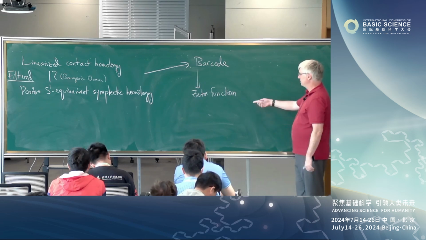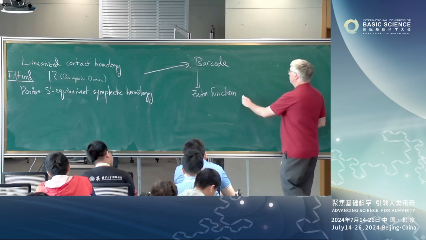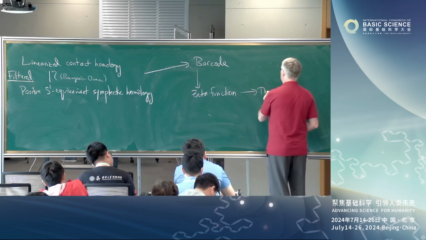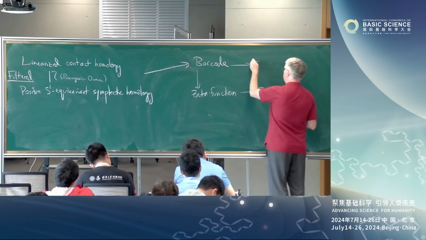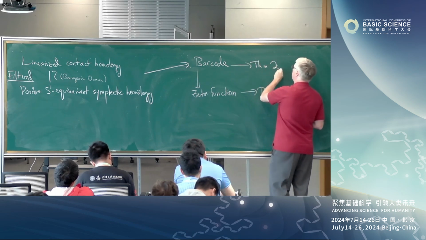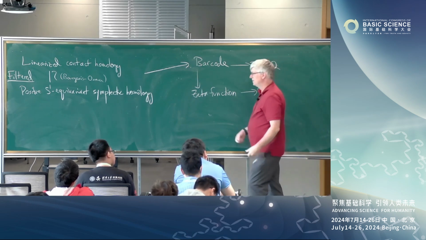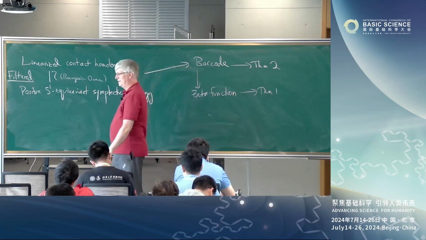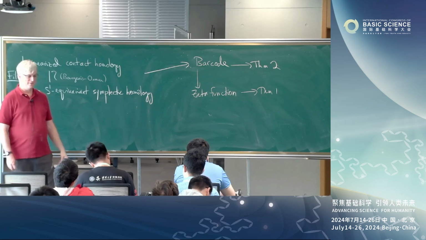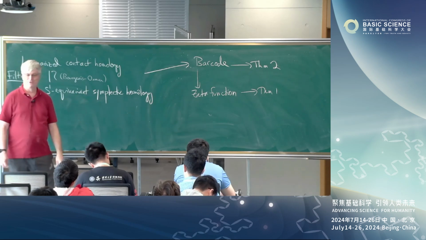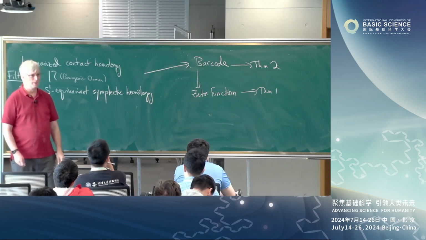So the zeta function is enough to prove theorem 1. The barcode proves theorem 2, which I didn't get to. And hopefully that gives you some idea of what this is about. And there's lots more things to be done in this area. Thank you.